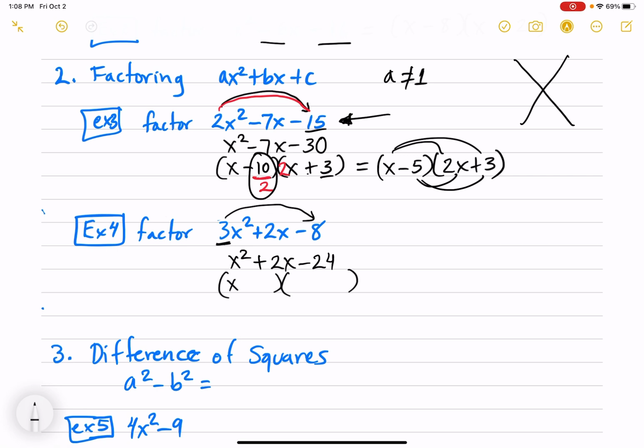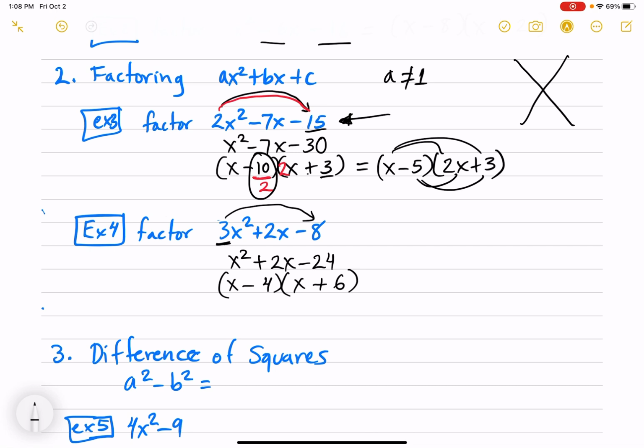So I'm going to write x plus 4 and x minus 6. That almost works, except the signs are flipped, because negative 6 plus 4 is going to give us negative 2, and we need a positive 2. So we need positive 6 and negative 4.